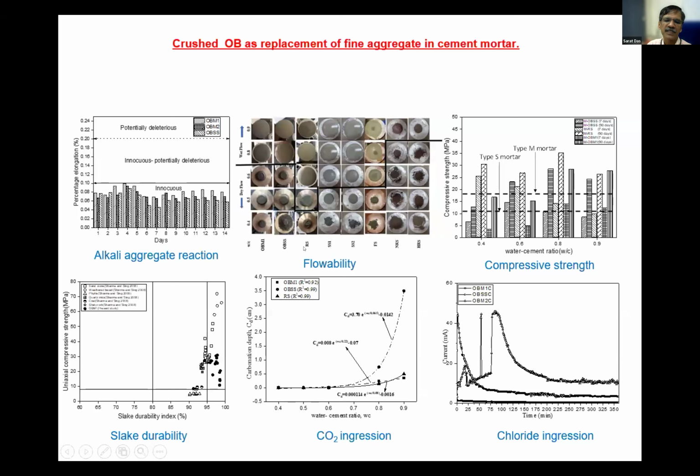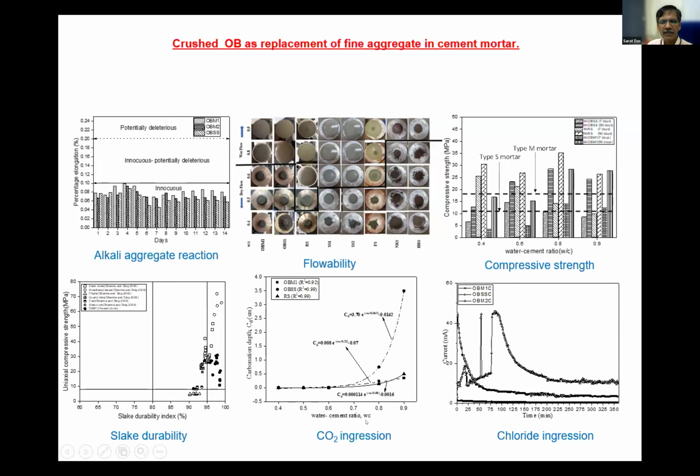RS is river sand. That is one aspect we have to keep in mind: the water requirement is more. This has also been compared with other industrial waste. Next comes the strength. As per ASTM standard, all these compressive strengths are satisfying, and we can define it as type S or type M mortar.